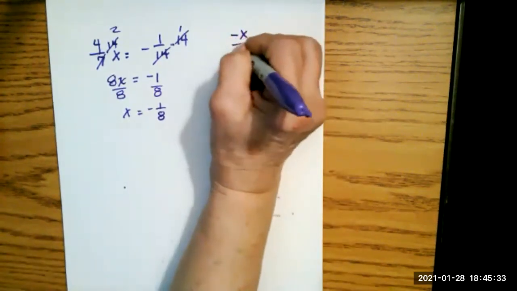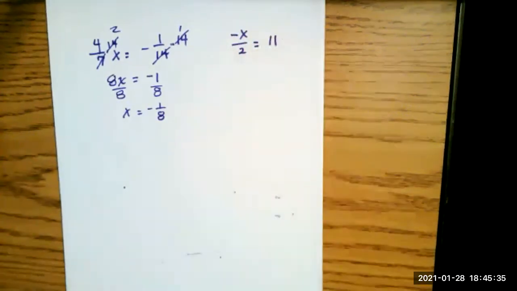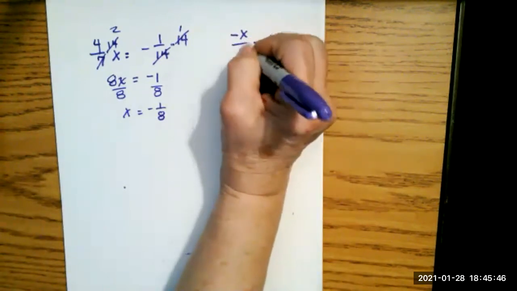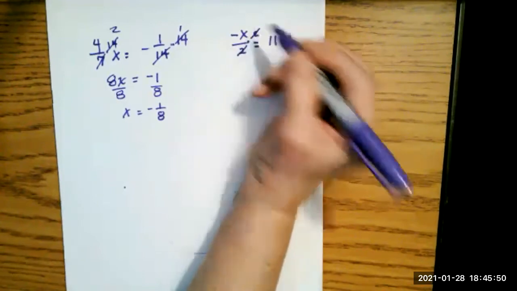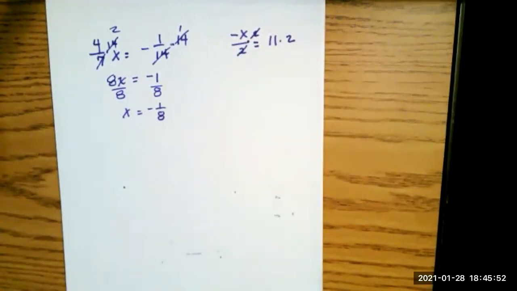This one was missed. It says negative x over 2 equals 11. There's no denominator underneath that 11 except for one that's understood. So what I want to do is use my denominator and multiply both sides of this by 2. That will cancel out that 2.